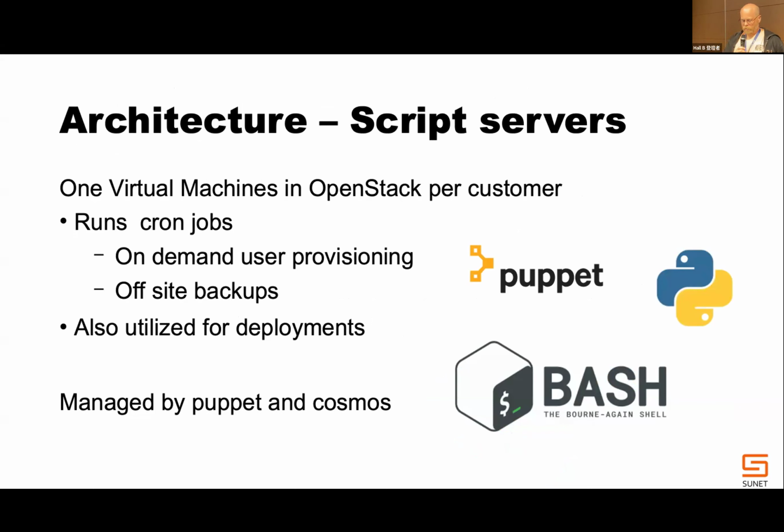We also have a management server, or a script server, for each customer. So we have a lot of automation running. One of the key points that we provide our customers with is the ability to customize to some extent for their needs.